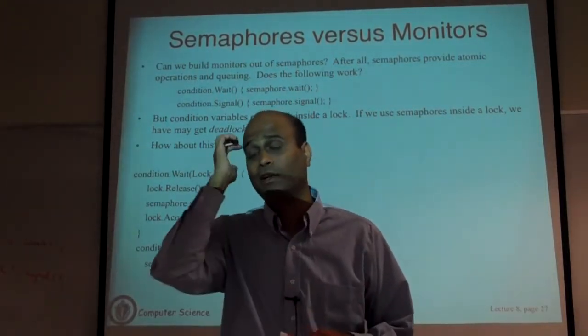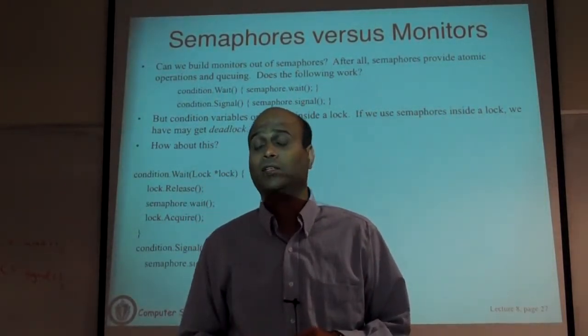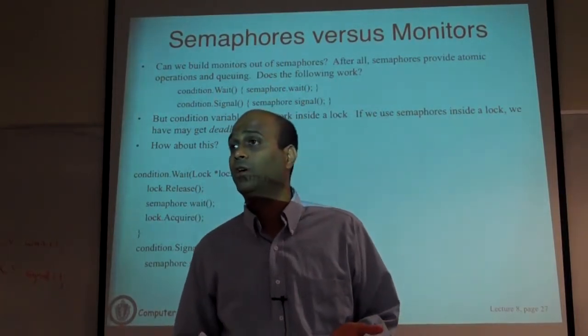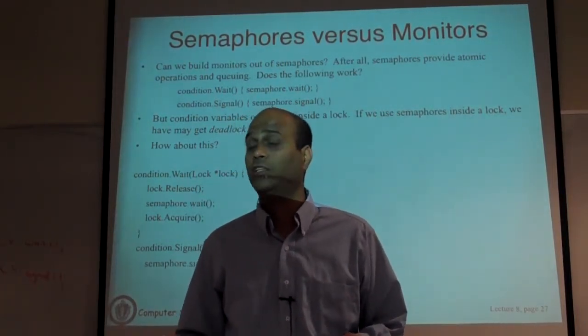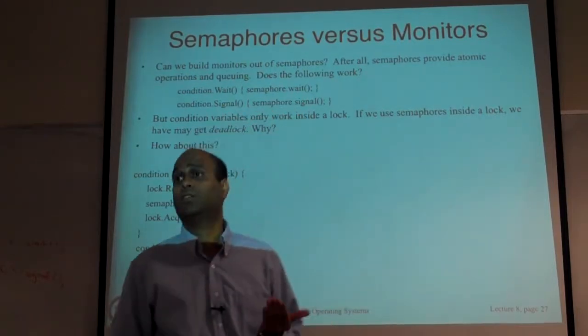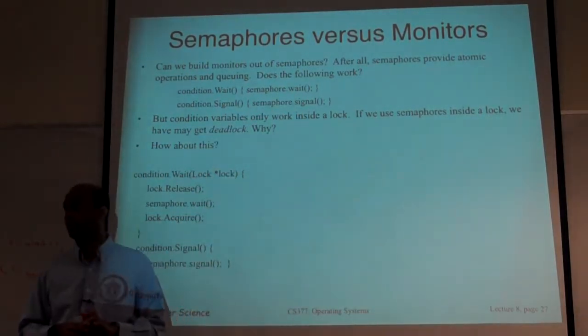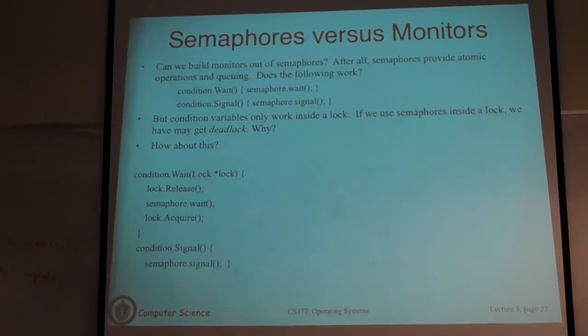So the real question that we want to ask is, is it the case that we are really using a semaphore underneath and just calling it a condition variable? Is there a difference between a condition variable and a semaphore? If so, what is that difference? Or if not, can we just use it? Is that clear what I just said?